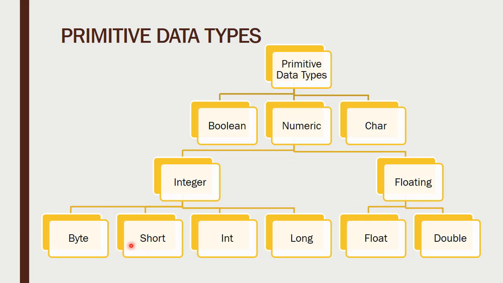There are four types of integer data types in Java: byte, short, int, and long. And we have two types of floating data types: float and double. We can choose any of these data types according to our requirements. These primitive data types hold a fixed amount of memory.